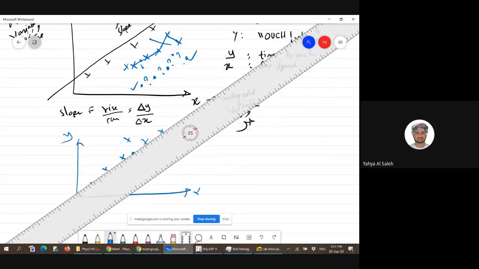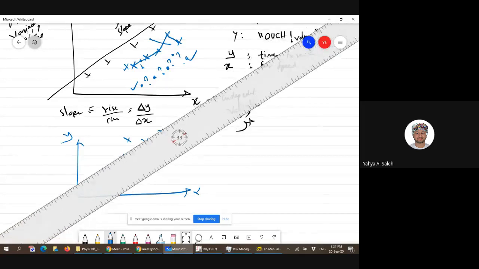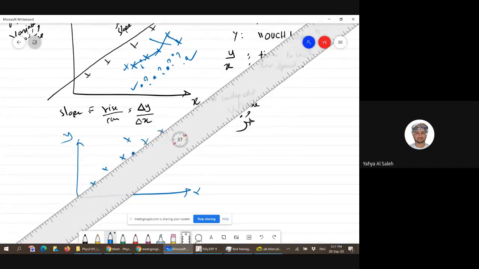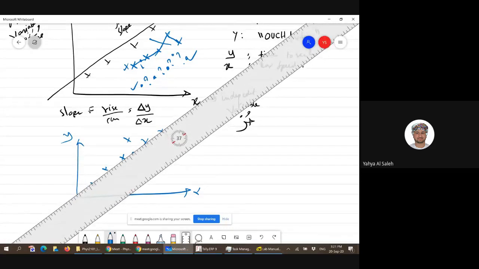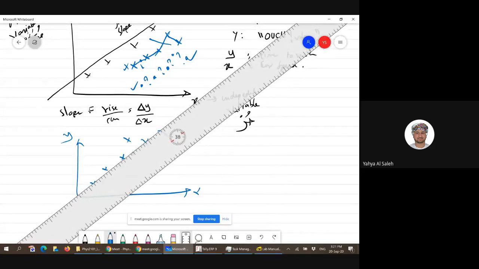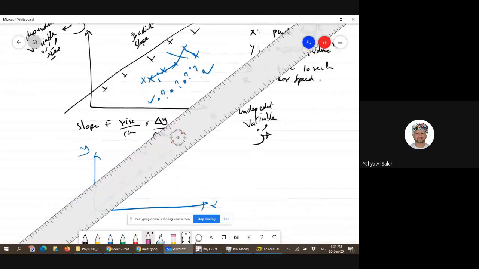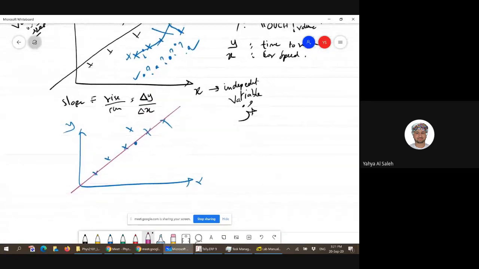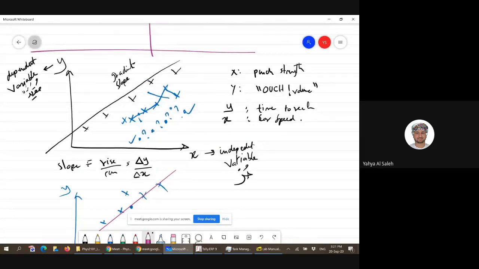I put the ruler here. I look at what is the best looking line possible through all of these. This looks like a good enough line to me, and I will draw this line like this. Okay. Now, the gradient or the slope of this line tells me what the relationship is between the dependent and independent variables.